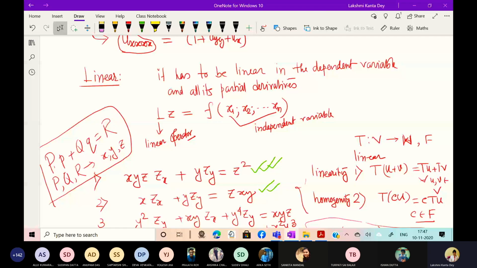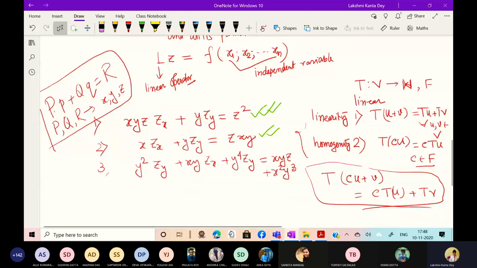This is the general definition where there are n independent variables and one dependent variable z. On the left hand side, we have to have a linear operator. So regarding the third one, this is linear.